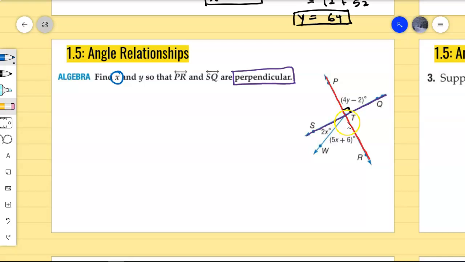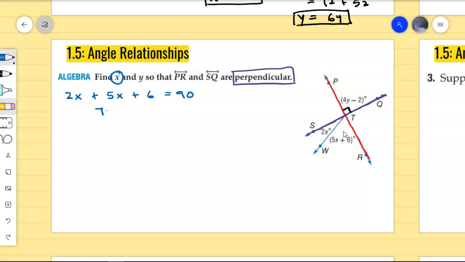Because look, they add up to 90 degrees because of the fact that we know that each one of these sections is going to be 90 degrees. So you begin by writing down that 2x plus 5x plus 6 must equal 90. And guess what? That is going to help you solve for x.